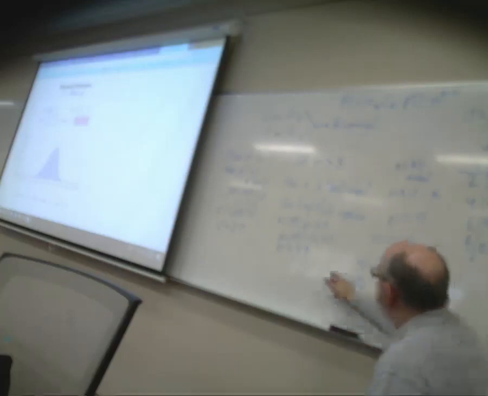Or 30.2. So then this would be my interval from 30.2 to 49.8. This will be what I expect. This would be my 95%.